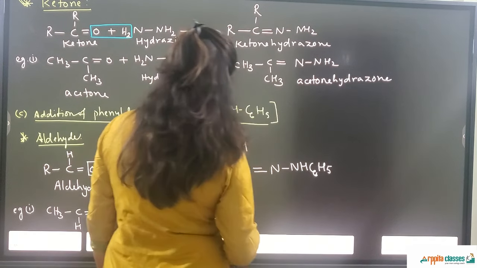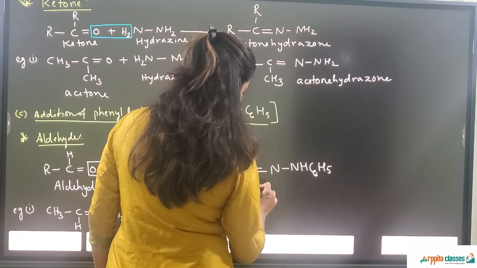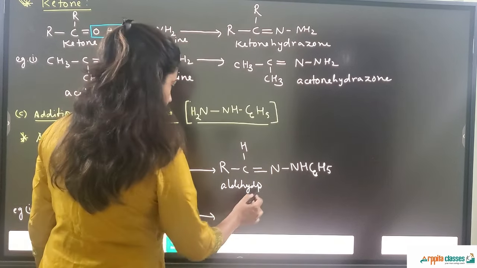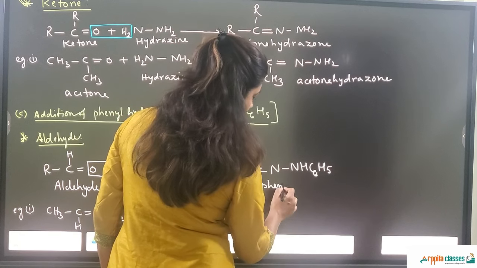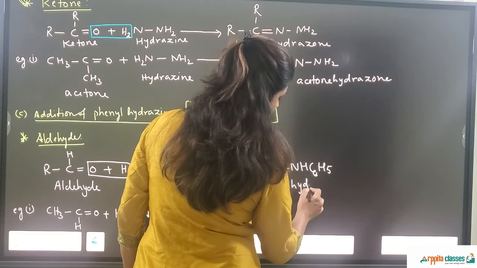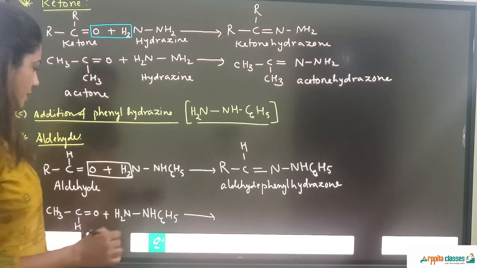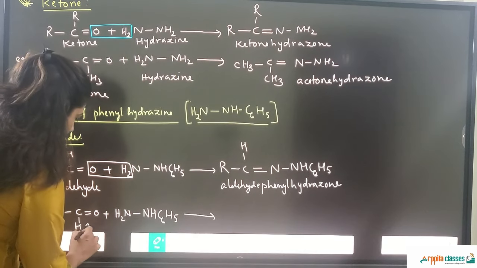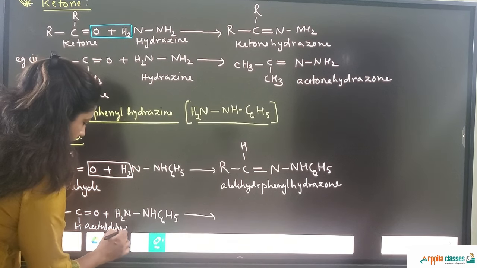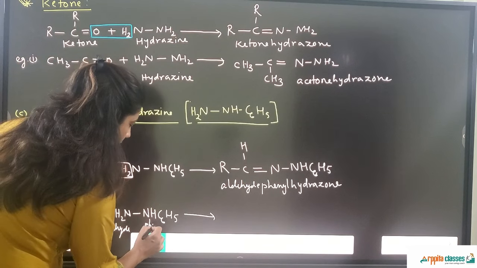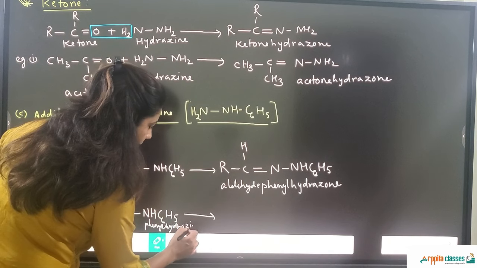What will be the name of the product? It will be aldehyde phenylhydrazone. Okay? Aldehyde phenylhydrazone. So this is a particular example where you have taken acetaldehyde and phenylhydrazine.